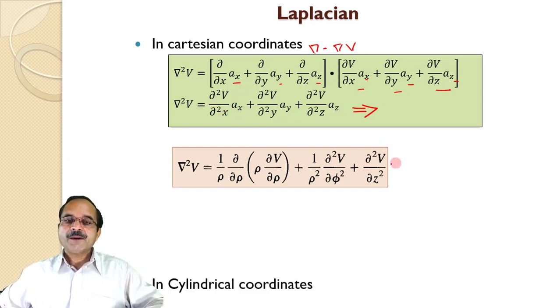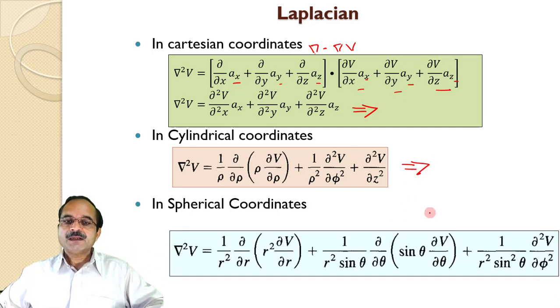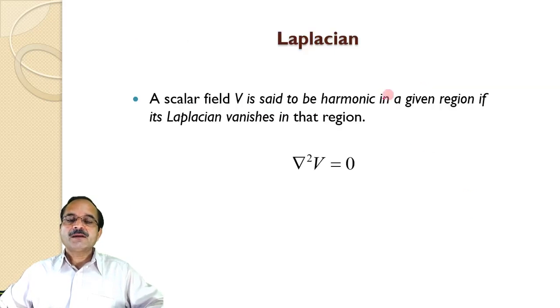Similarly, this is the expression for Laplacian of a scalar field V in cylindrical coordinates. This is in spherical coordinates. So using these equations, we can apply Laplacian operator in Cartesian, cylindrical and spherical coordinates.